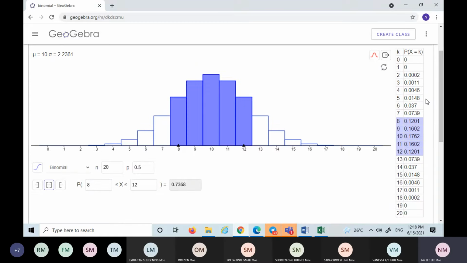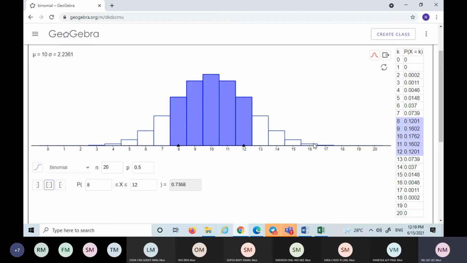This one is okay because you are not calculating by yourself one by one. It is calculated by the formula they put in already. You can see all the values will come out from 0 until 20, 21 values. When you see the shape of the graph, it is actually like a bell shape.